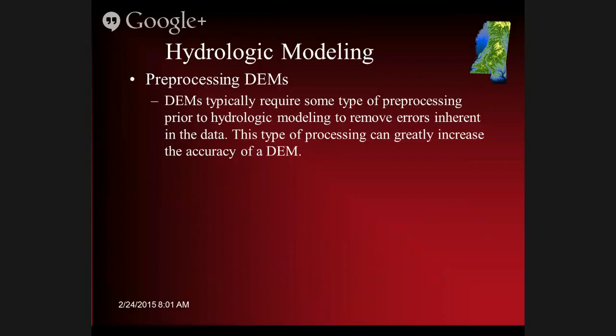First, digital elevation models have some problems with them, and one of the problems is that even in real life, there are situations where digital elevation models have depressions, and modeling water flow in this manner is a problem, because water will flow into a depression and then it will never flow out.